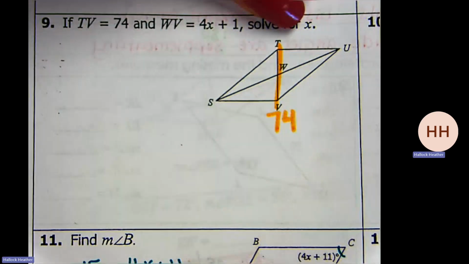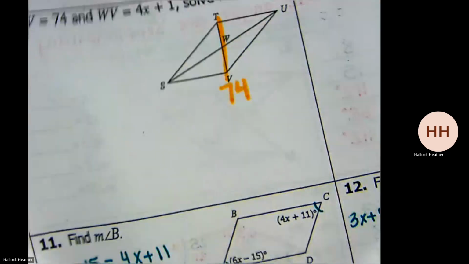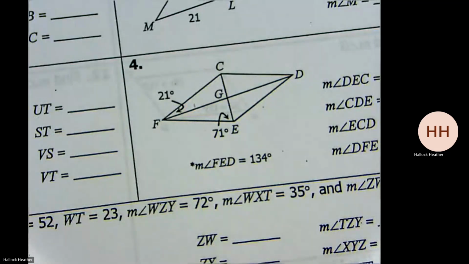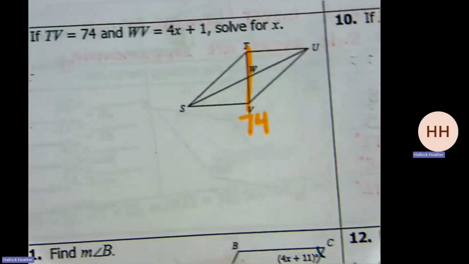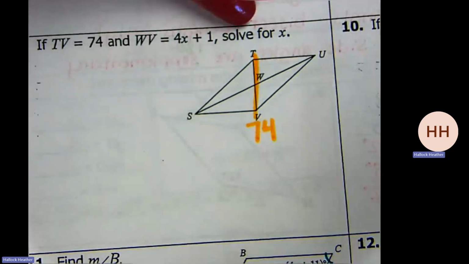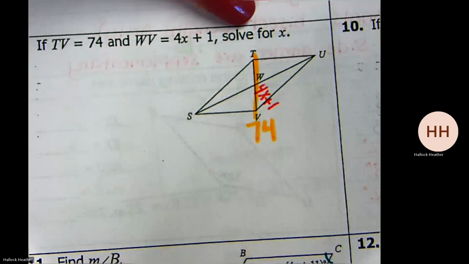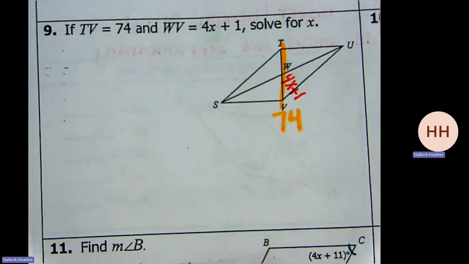I'll show you in a second. Okay, so I know that whole thing is 74. I also know W to V is 4x plus 1. So there's two different ways that I can think of that you could do this.